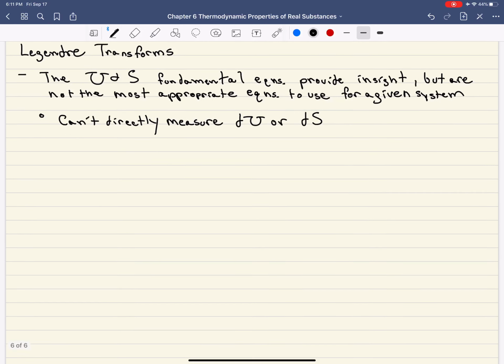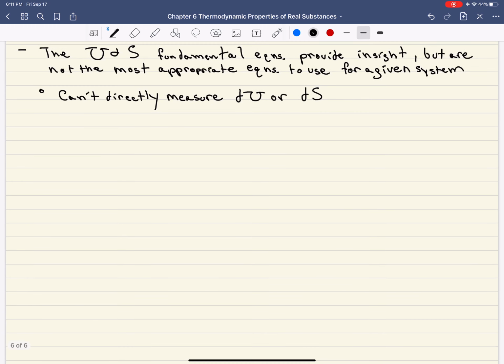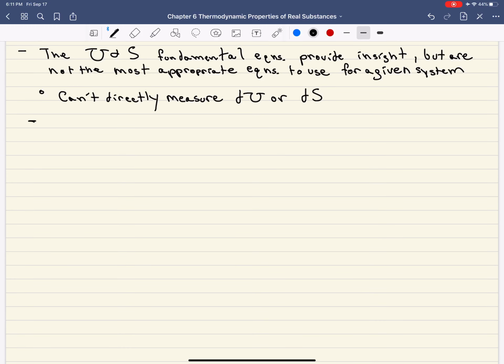And so what we can do instead is transform our fundamental equations for U and S into other variables that are more useful. Okay?